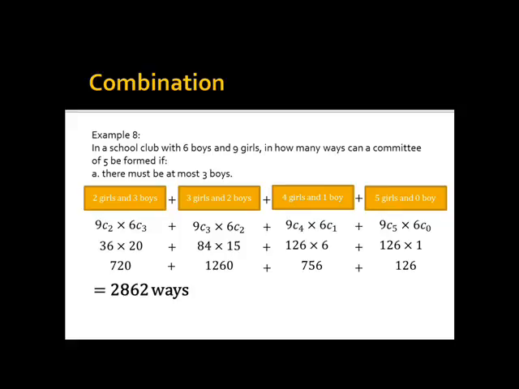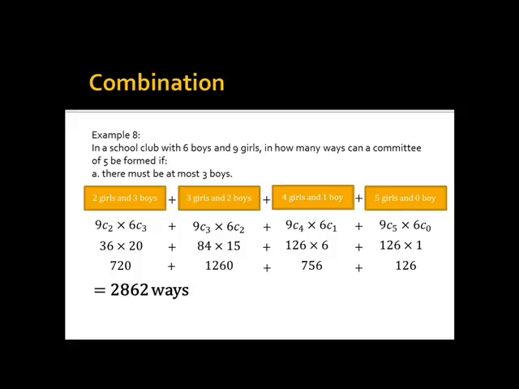So the formula will be 9C2 times 6C3 plus 9C3 times 6C2 plus 9C4 times 6C1 plus 9C5 times 6C0. We are going to add the combinations because all of them are independent events.